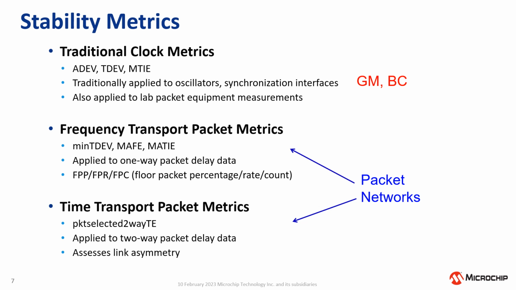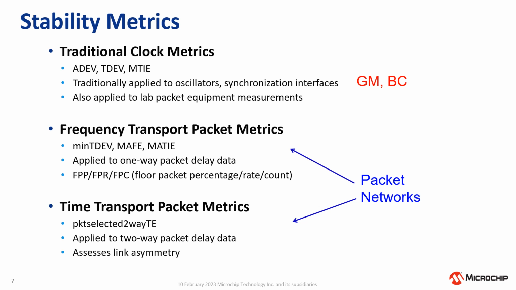Traditional clock metrics can be applied directly in the case of assessing performance of a grandmaster or a boundary clock, just as they have been applied for a long time to oscillators and synchronization interfaces. For packet networks, some of the modified stability calculations such as MinTDEV are useful, as well as we have seen various statistics.